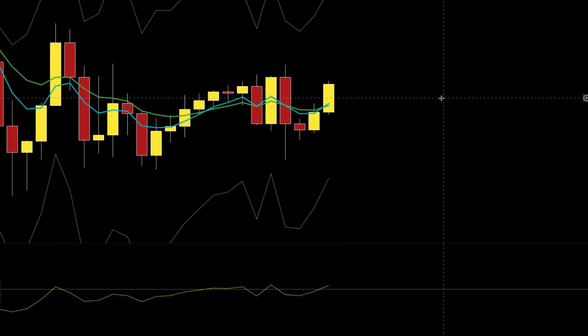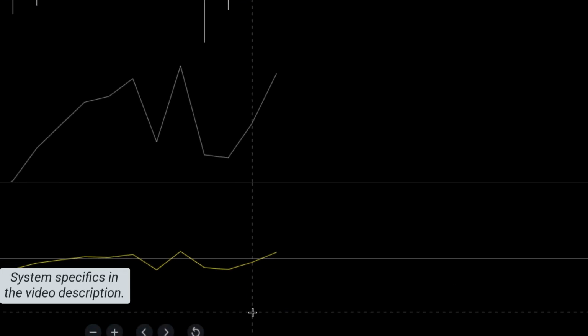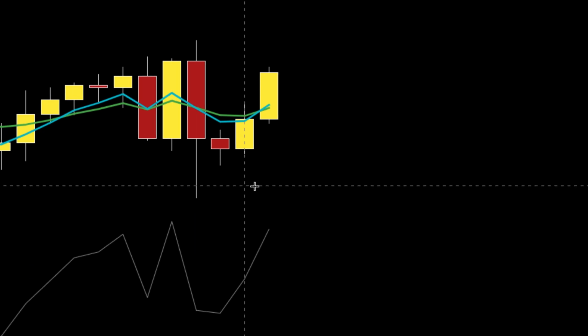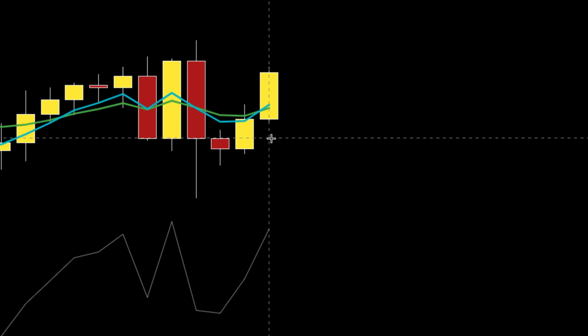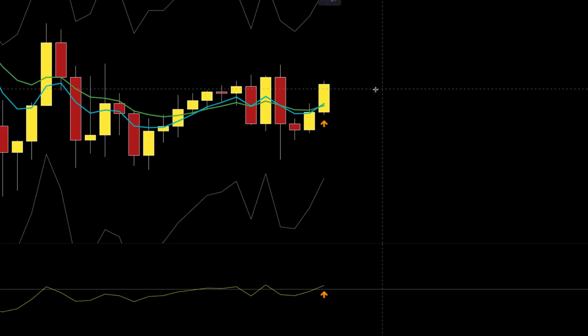So let's go over the rules for a long entry. We are just looking for the RSI to move above the 50 line, which it does right there. And we are looking for the 5 EMA in aqua to move above the 10 EMA in lime. Everything happens on this candle right here. So that's our trigger candle.